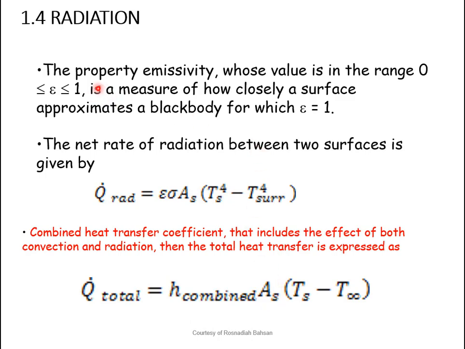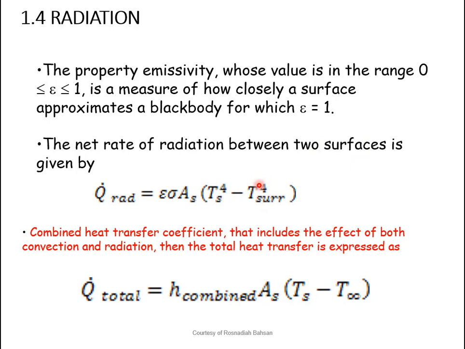The emissivity, whose value is in the range of 0 to 1, is a measure of how closely a surface approximates a black body, for which epsilon equals 1. The net rate of radiation between two surfaces is given by this equation.